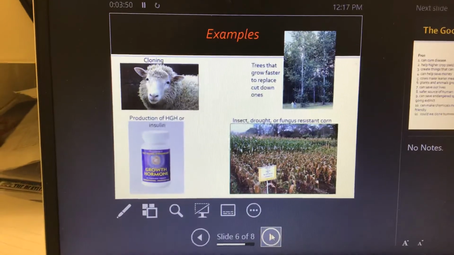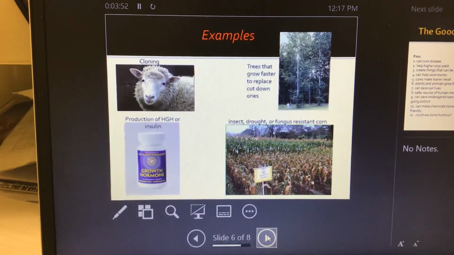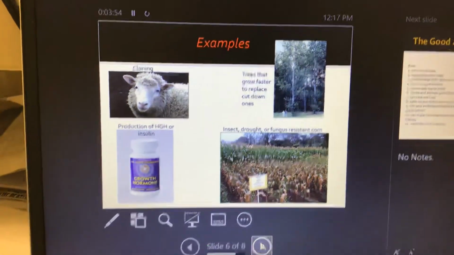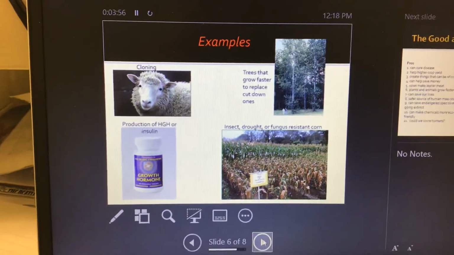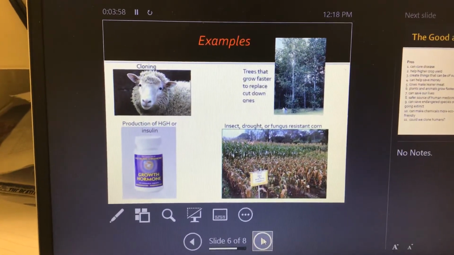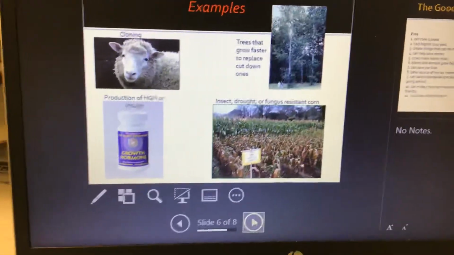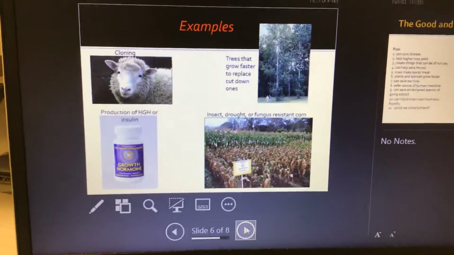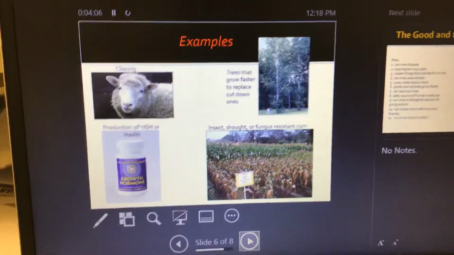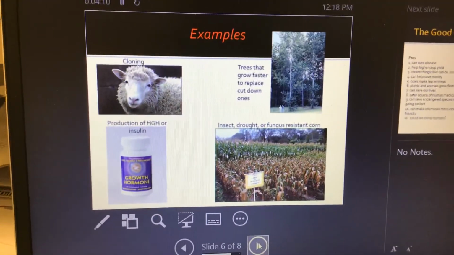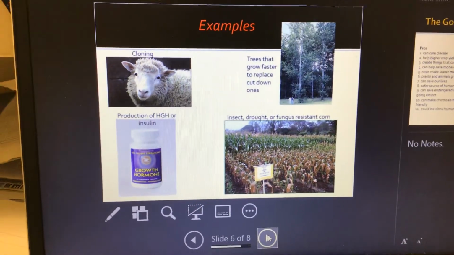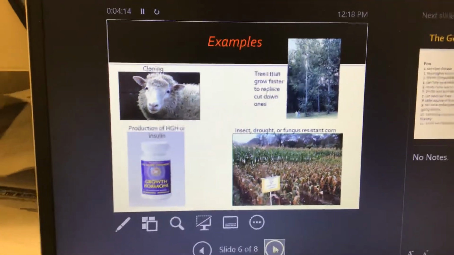Some trees are actually kind of grafted together, where you can have two different kinds of apple trees on one tree, and half would be one, half would be the other. Maybe you have one of those or seen one of those. Our crops can be insect, drought, fungus resistant. You've probably heard of Roundup Ready corn or beans.